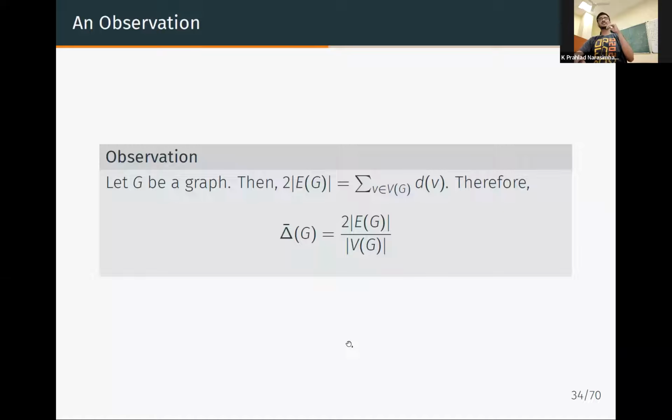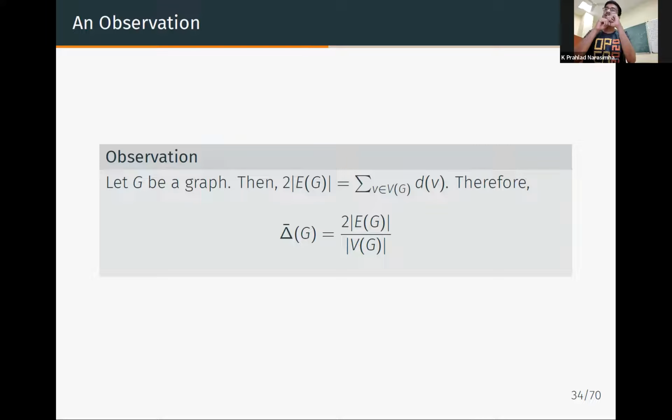Because of this. This is an observation which is not very hard to see, but if you can't see it, just take the result. The observation is that the sum of the degrees of the vertices is equal to 2 times the number of edges in a graph. One way to think of this is that the degree of a vertex counts the number of edges coming out of this vertex.